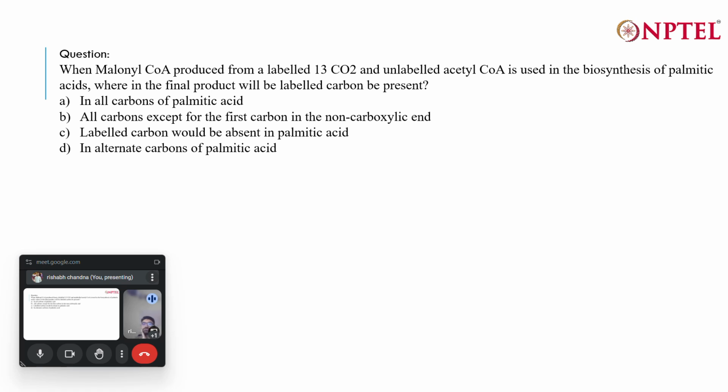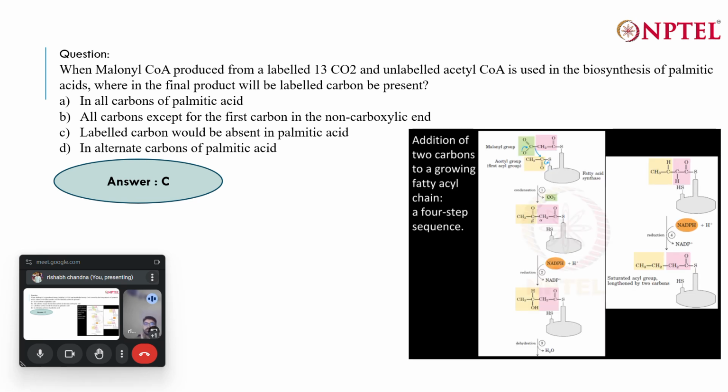Okay, so the correct answer is option C. That means the labeled carbon would be absent in the palmitic acid. Here is the explanation. When malonyl coenzyme A is formed, this carbon dioxide is the group that is added to the acetyl coenzyme A. The first step of the reaction is condensation, which releases this carbon dioxide.